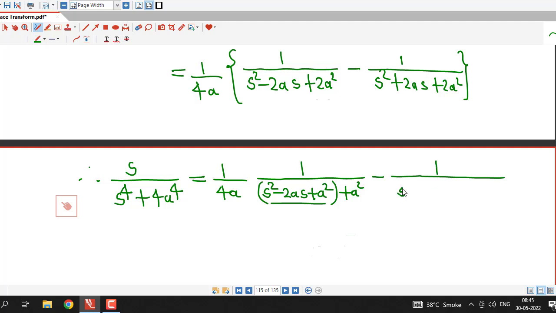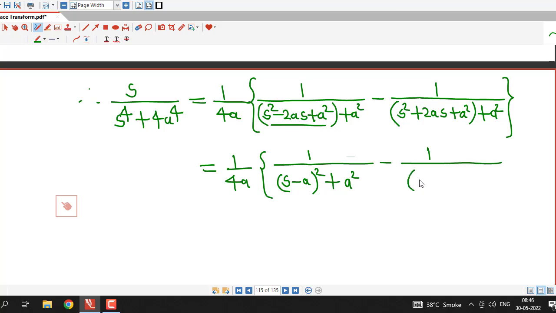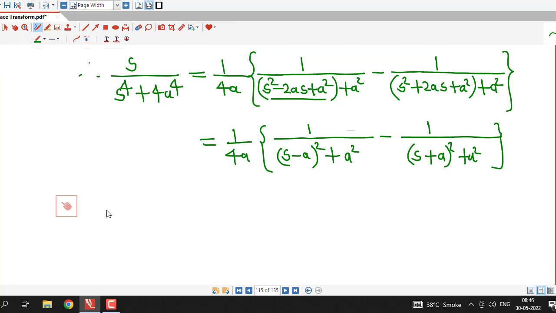This I can rewrite as s square plus 2as plus a square, and here plus a square. Now this is equal to 1 divided by 4a. This we rewrite as the square of s minus a plus a square, and this is the square of s plus a plus a square, and we have a ready-made formula for this.